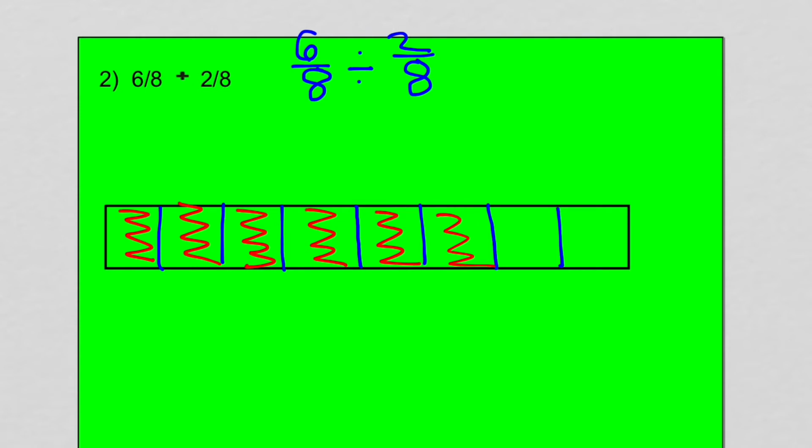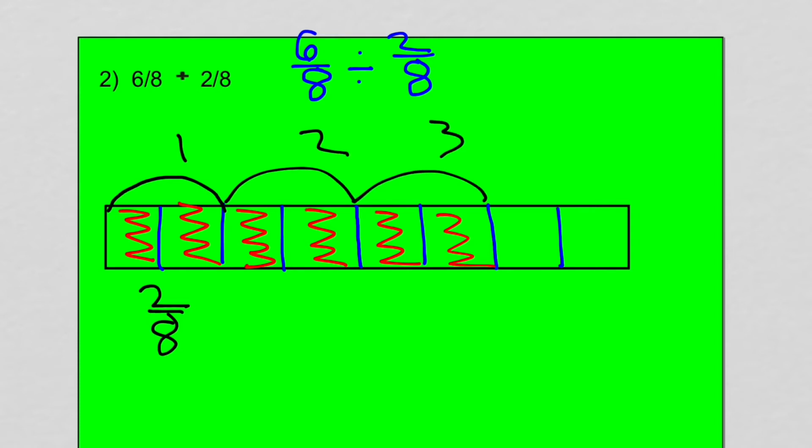And we want to know how many 2/8ths are in 6/8ths. So this amount right here represents 2/8ths. We will count one group of 2, 2, 3. So how many 2/8ths are in 6/8ths? I count 3 of them. So the answer is 3. 6/8ths divided by 2/8ths equals 3.